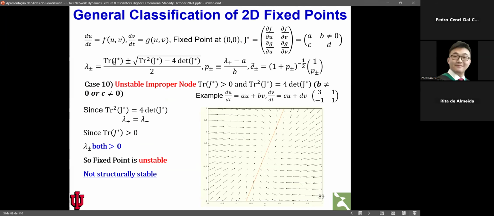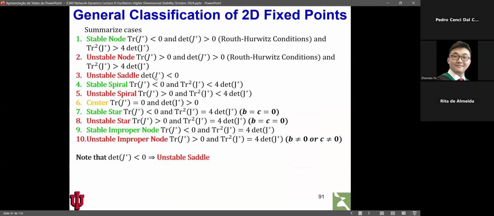If you have this plus this, it's going to be positive, but if you have this minus this, and this part is negative, then this is positive. Then you have one positive and one negative, so one goes away and the other doesn't. So you have the saddle point.